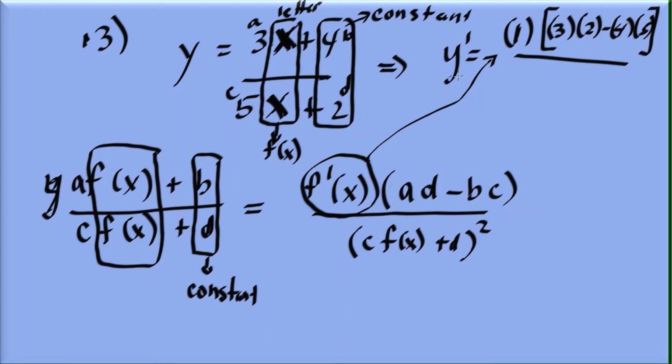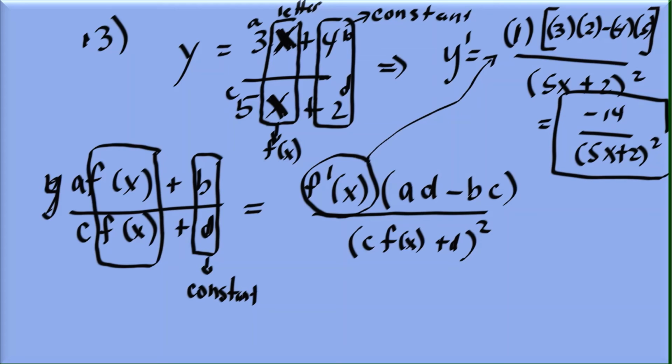Now, over that same denominator squared, just like in the quotient rule, 5x plus 2 squared. And you're done, you just have to simplify it. So this is 6 minus 20, which is negative 14 over 5x plus 2 squared. So we didn't use the quotient rule, we just used this trick or shortcut. Okay, so let's try another one.